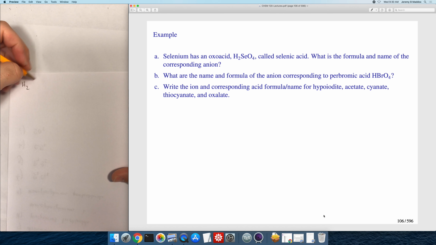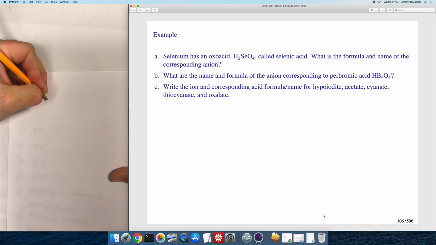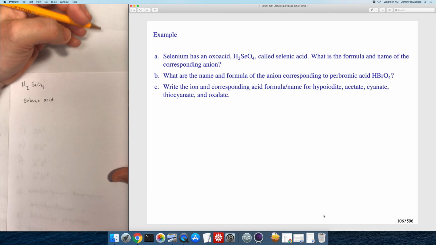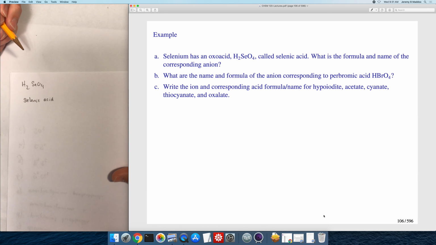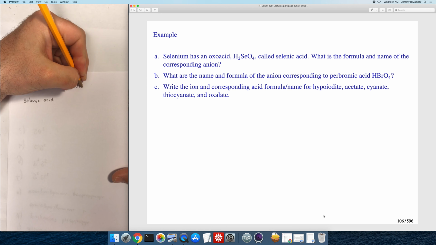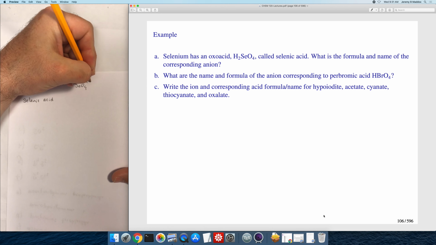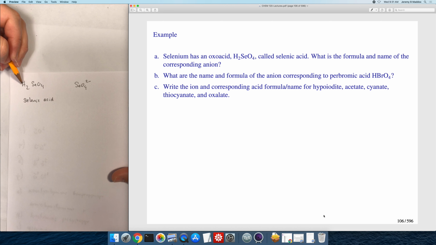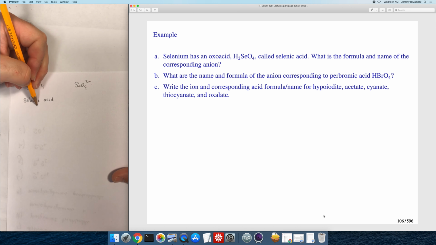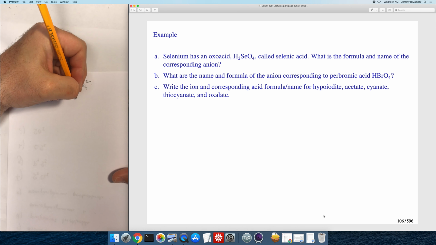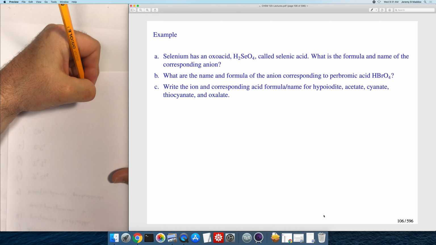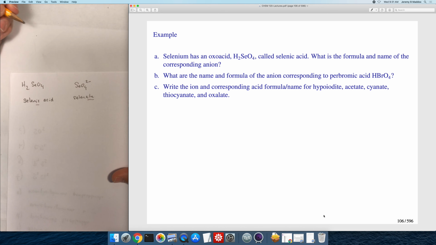So here is the acid. To get the parent ion, we remove the protons. Each proton is positively charged, and so if you take off 2 protons, you're going to be left with the -2 charge, and then the IC becomes ATE: selenate.